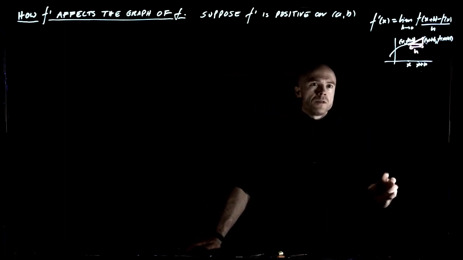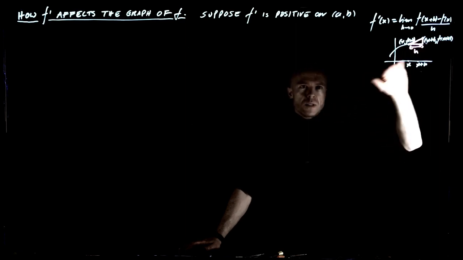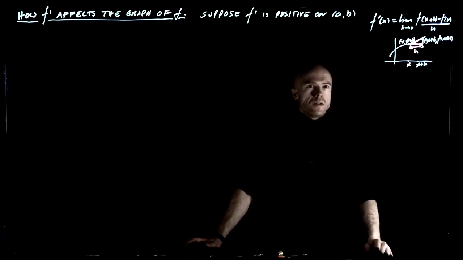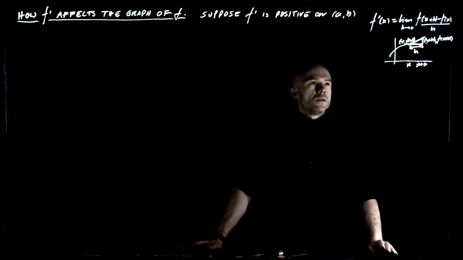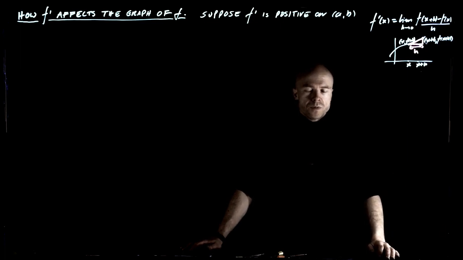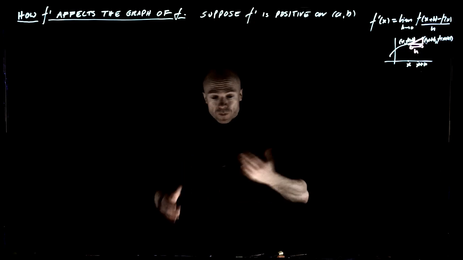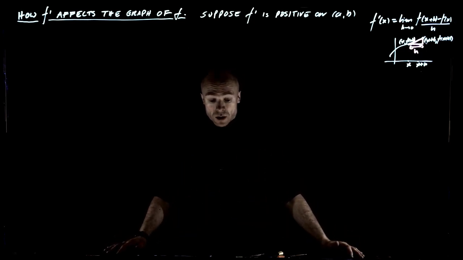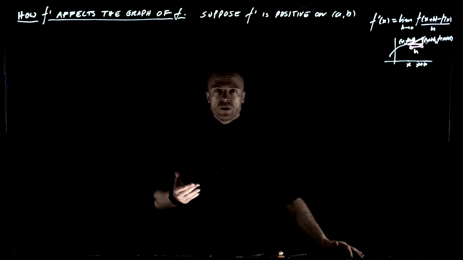Well, if the derivative is positive, therefore the slope is positive, and if that's true for every single point, then you see a graph that is increasing over that interval. Going back to the reformulation in terms of velocity: if over some time period a to b the velocity of the car is always positive, then the car is always moving forward.